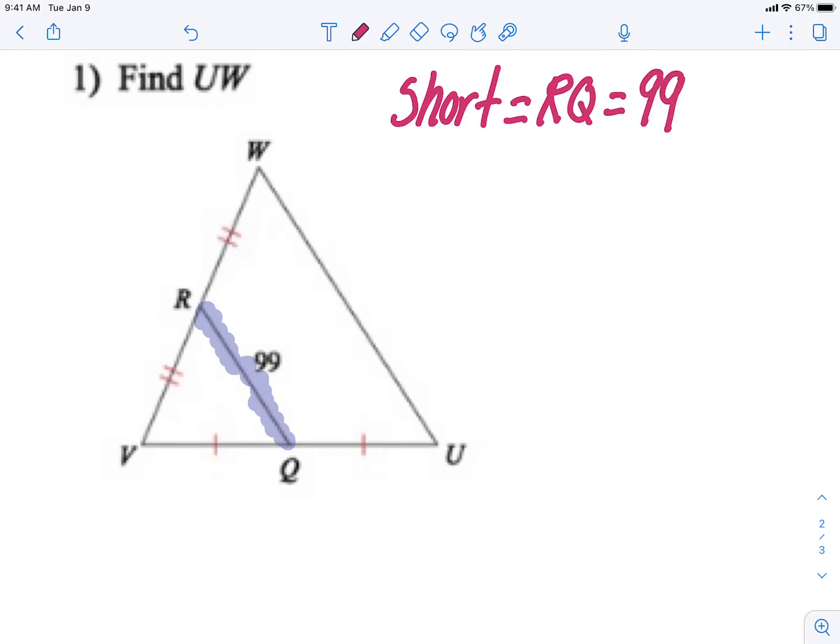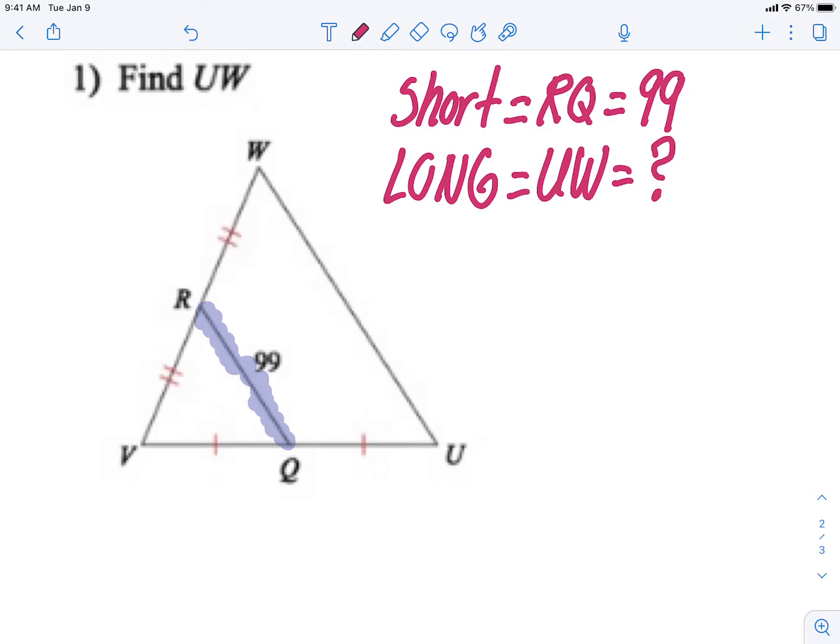It says it right there. Right. Well, where is our long segment? What segment is parallel to that segment? And that's, oh my God, look at that. I can't even write straight. And that's WU or UW. That's the long. So the long is equal to UW, which we don't know what it is.